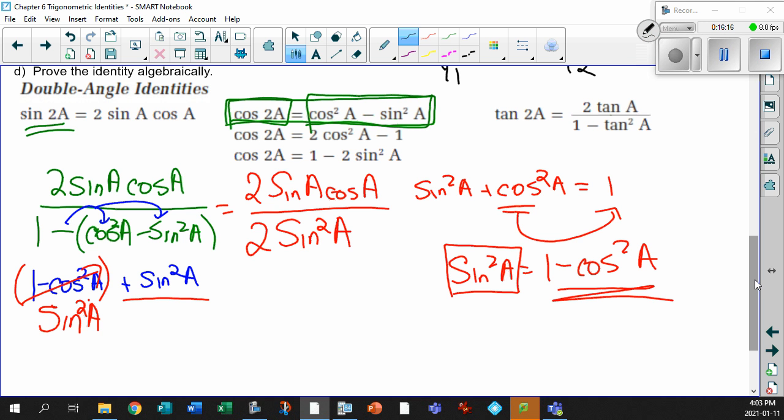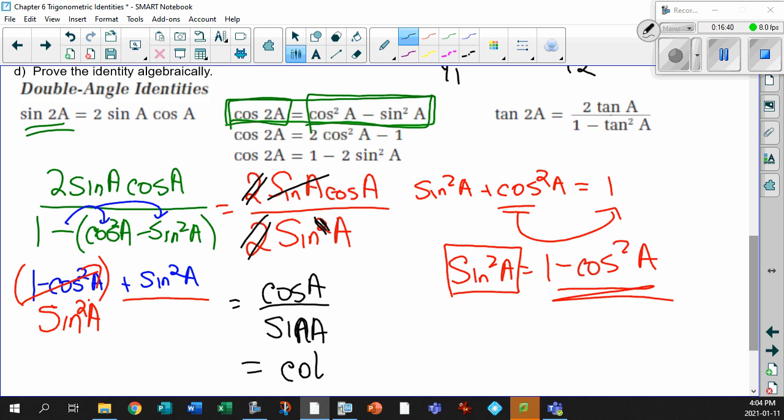Now check this out, my favorite part. Things can cancel. The 2 is gone, and a sine A is gone with one of these. So what do you have left? You have cos A over sine A. What is cos A over sine A? Isn't that cotangent of A?